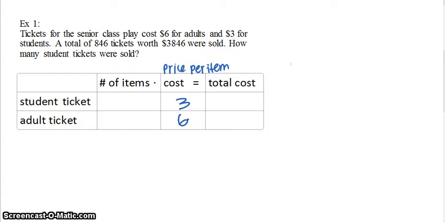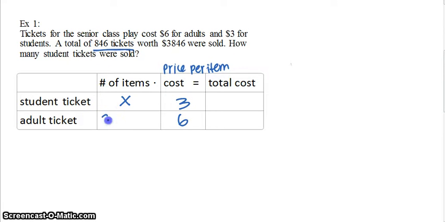Well, we're looking for how many student tickets, so if we make student tickets X, then if we find X, we find our answer. Now we need to figure out how many adult tickets. Well, we know that there's a total of 846 tickets that were sold. So if we took the total and subtracted the student tickets, the leftover will be the adult tickets.